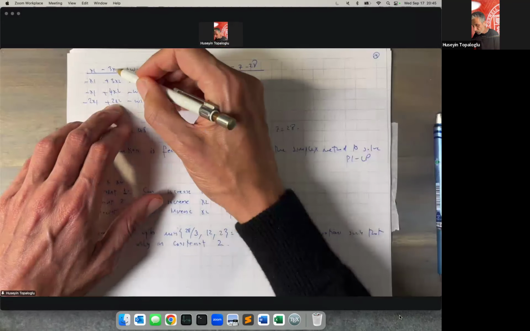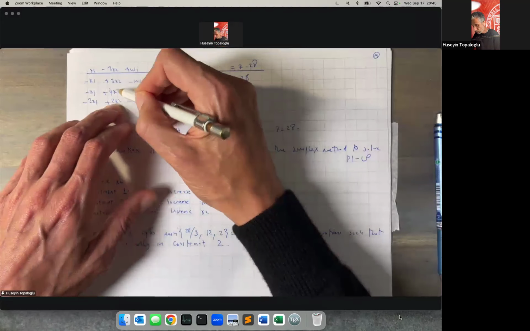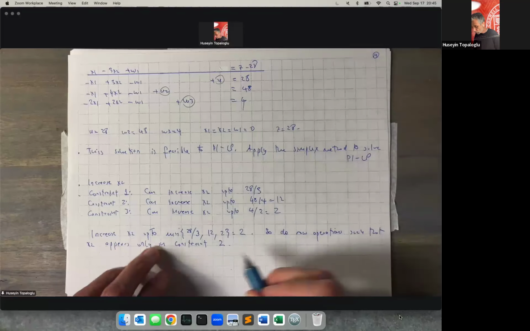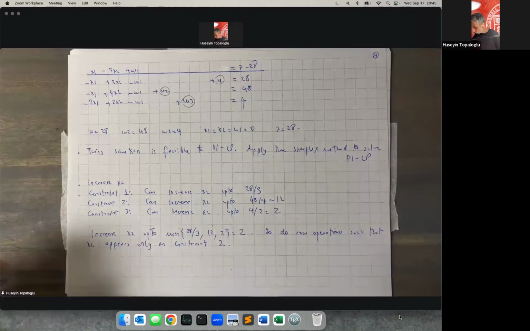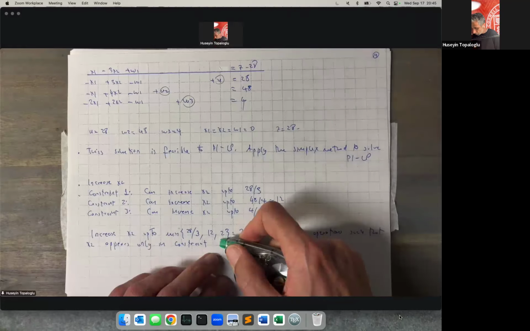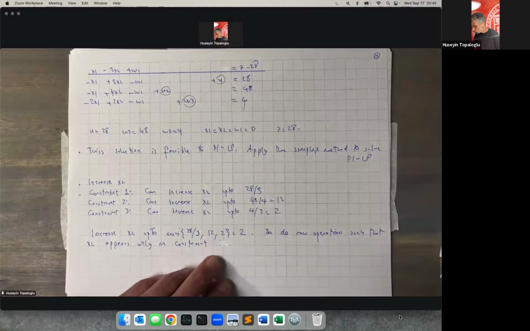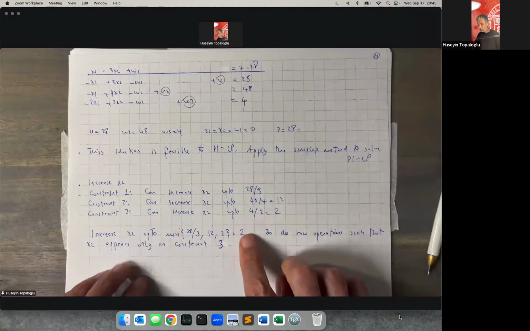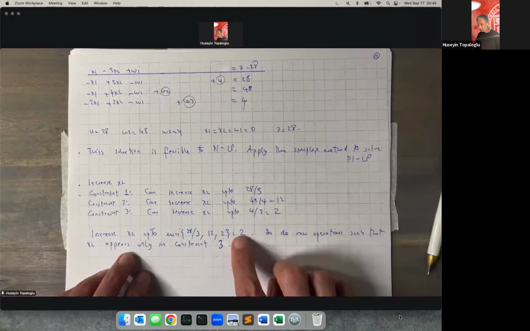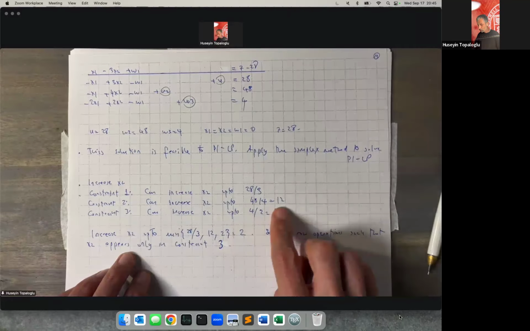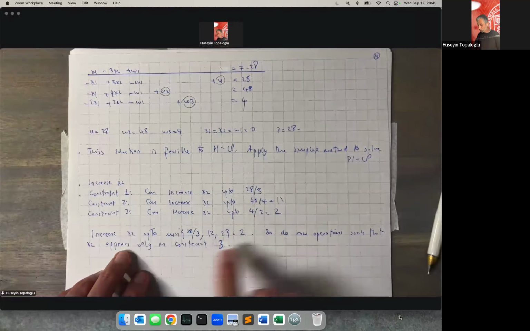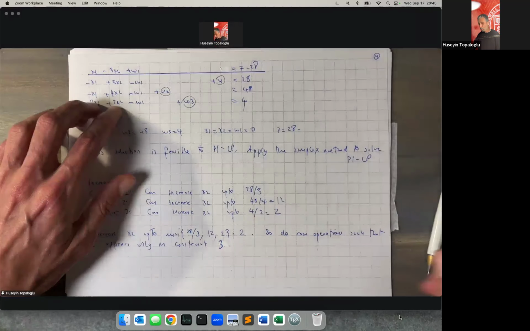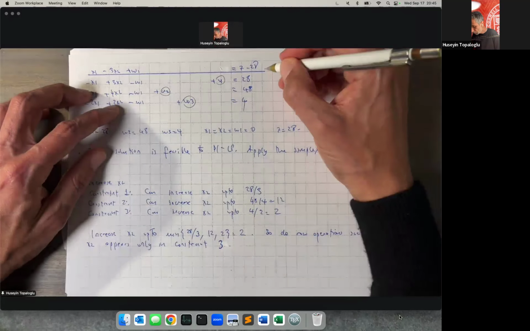I want x2 to disappear from the objective function row and from the first and second constraint rows. The new value of x2 is determined by the third constraint row, so do row operations such that x2 appears only in constraint 3.